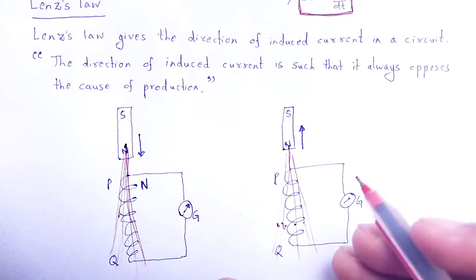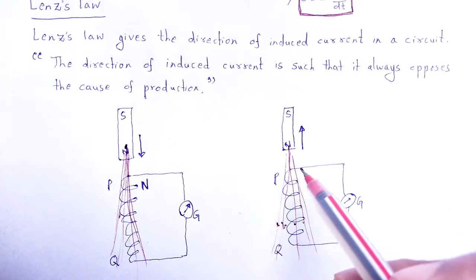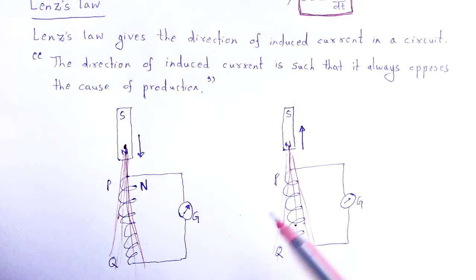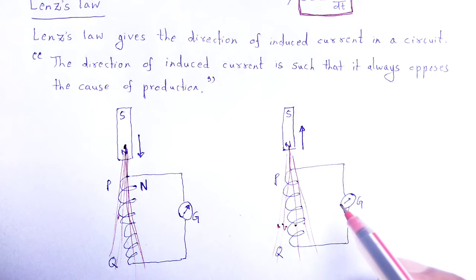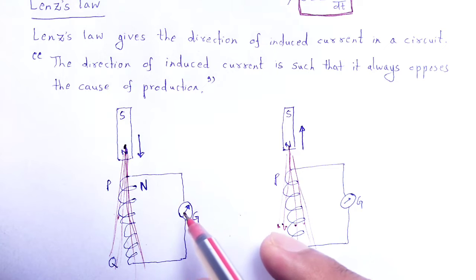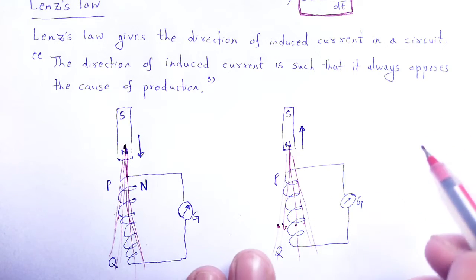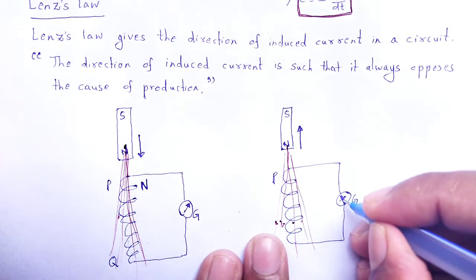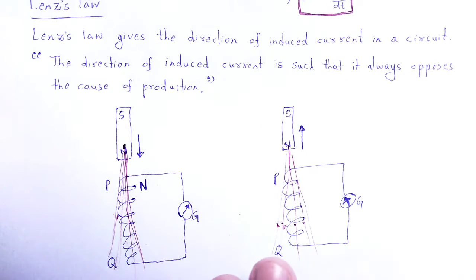In that case, what happened? When the north pole of the coil is moved away from that of the solenoid, the deflection in the galvanometer is reversed. That is, it is found to be towards the left of 0. Here it is right of 0, here it is left of 0.